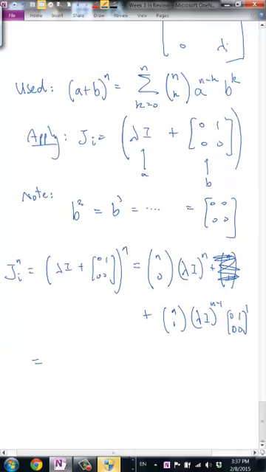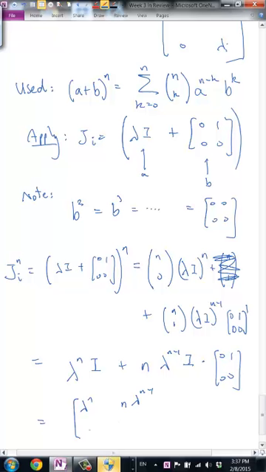And this is equal to the matrix lambda to the n times I plus n times lambda to the n minus 1 times the identity times [0, 1; 0, 0]. Writing out what this is: [lambda to the n, n lambda to the n minus 1; 0, lambda to the n].